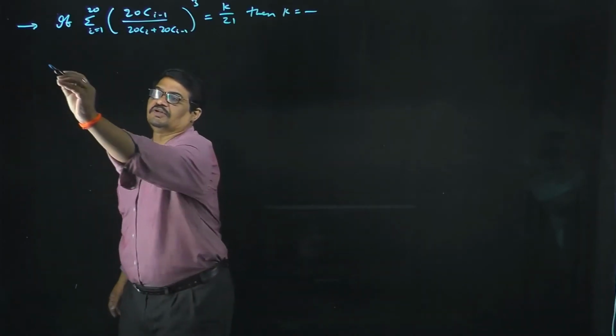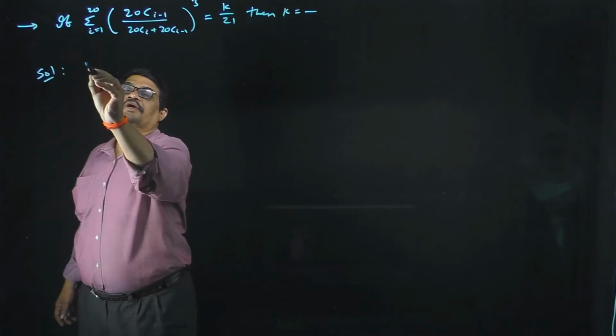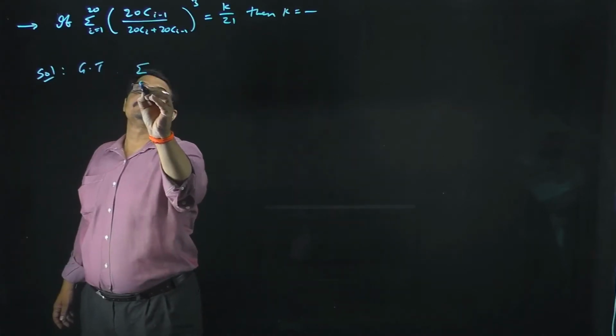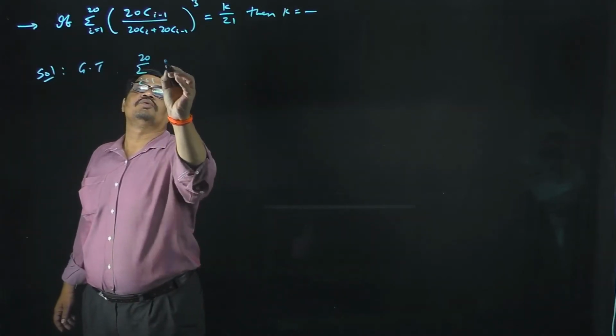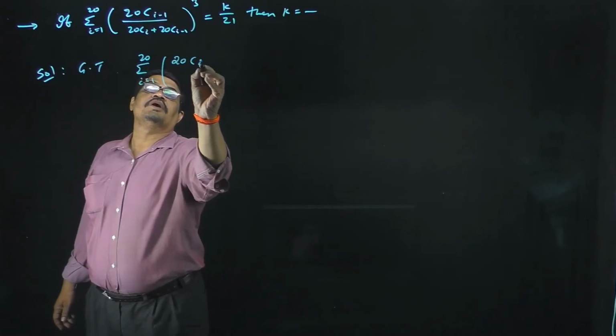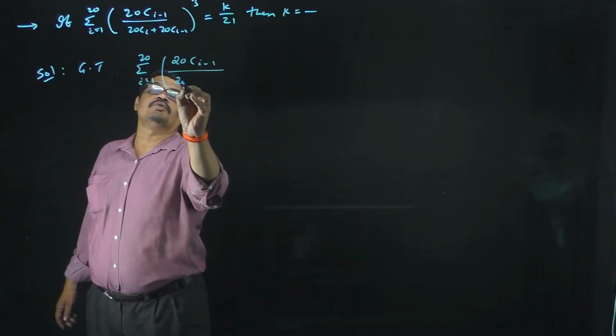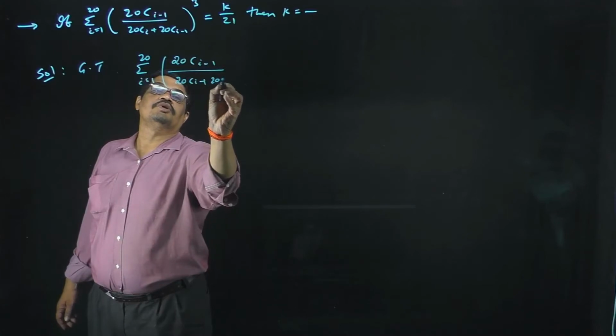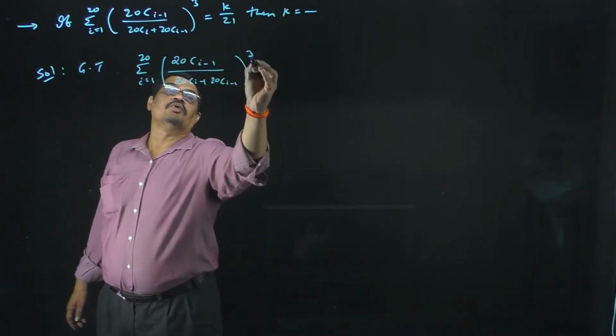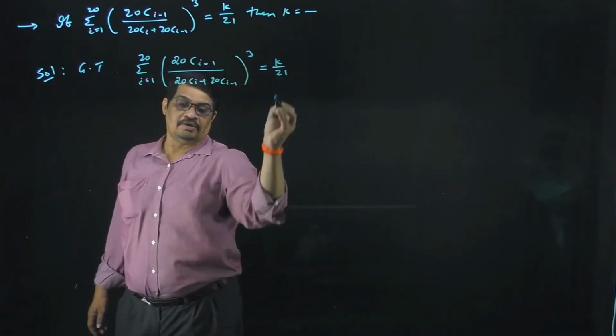See the solution. Here the given expression is sigma i is equal to 1 to 20, 20Ci minus 1 by 20Ci plus 20Ci minus 1 whole cube, equal to k by 21.